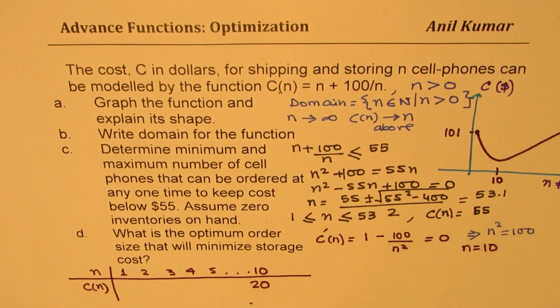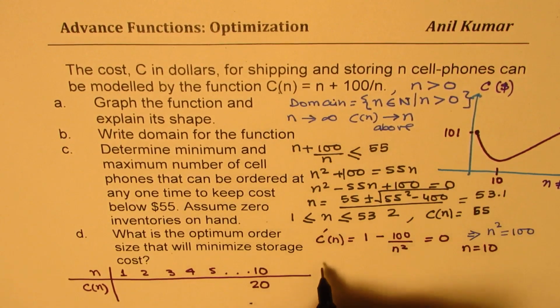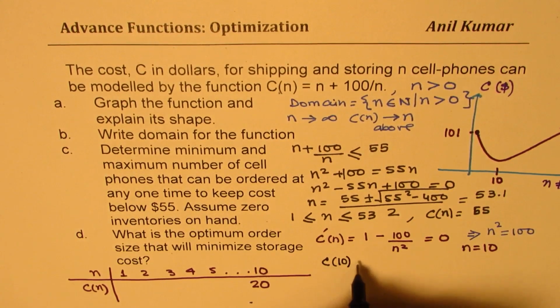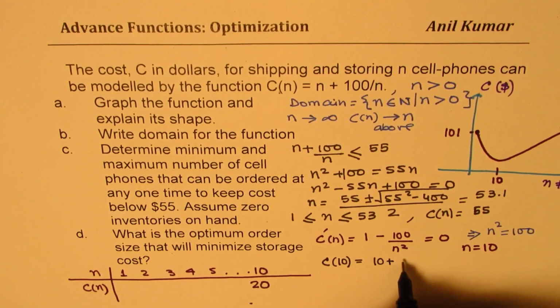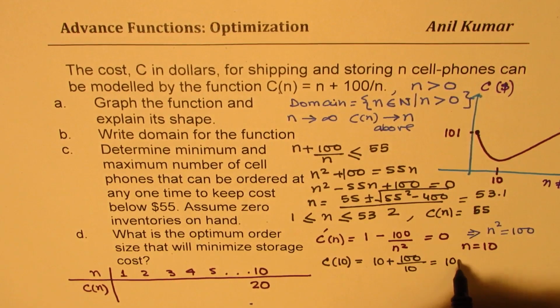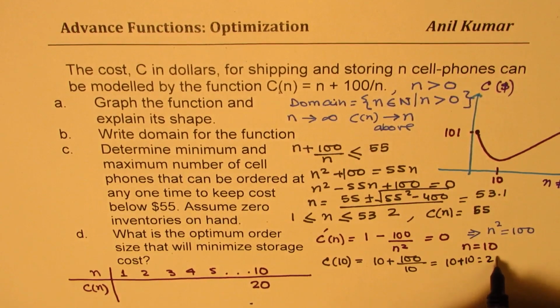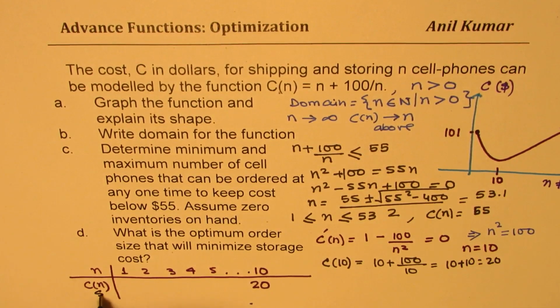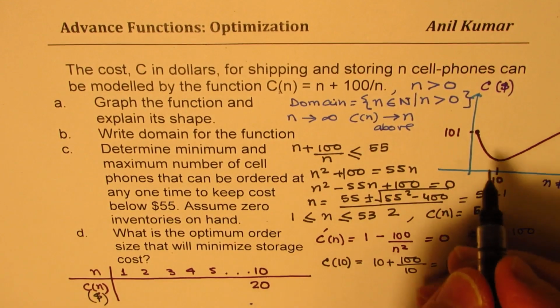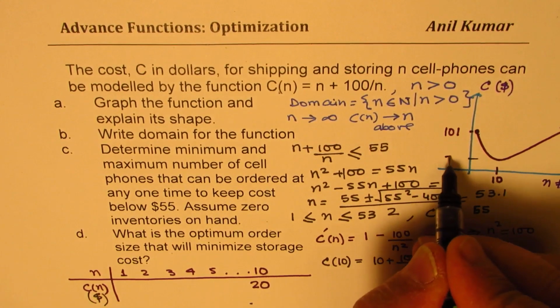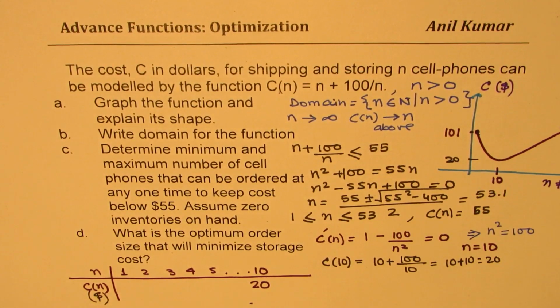So we'll find C of 10. The function C of 10 equals 10 plus 100 over 10, which is 10 plus 10 or $20, correct? So that is the value in dollars for the cost, and this is the minimum value, $20.